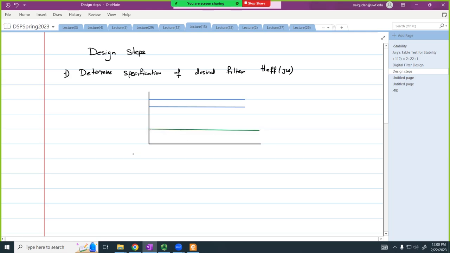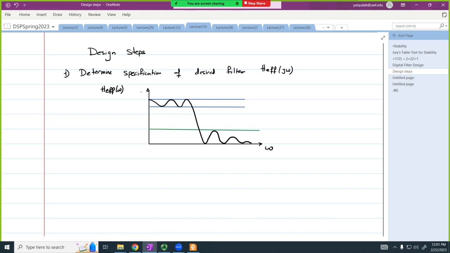Okay, the scale does not matter. So a filter response might look something like this. This is my omega, and this is my H effective of W. In general, we might have ripples in this band, we might have ripples in this band.